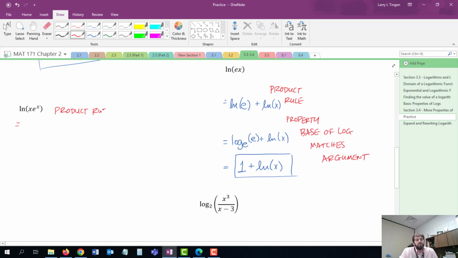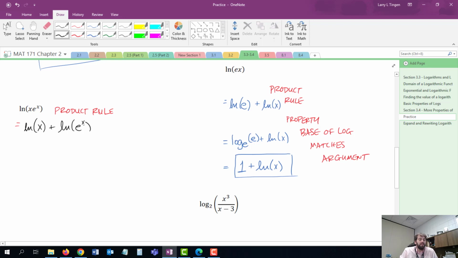And the product rule says if I have multiplication on the inside, I can rewrite it as addition on the outside. So natural log of x plus natural log of e to the x. The first term, natural log of x, is done.